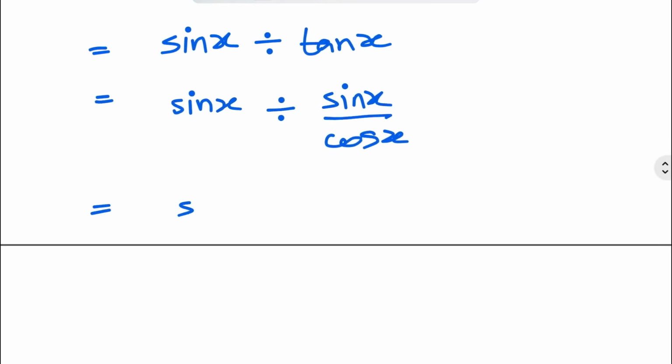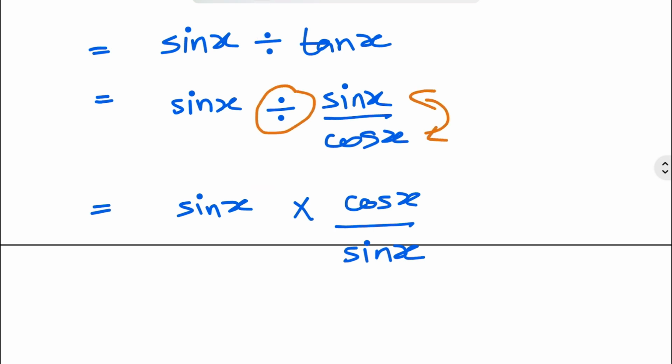Instead, I multiply by the reciprocal of the fraction. So we are going to multiply by cos over sine. Reciprocal simply means to swap this around, and then make sure you also change that division sign to a multiplication sign.